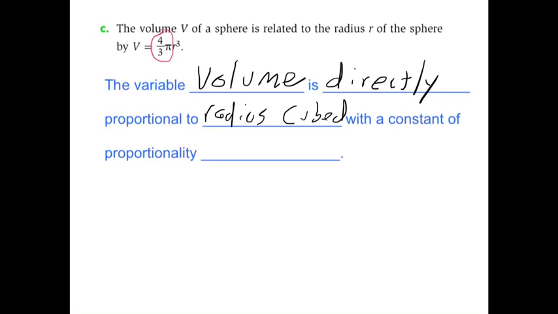Pi looks like a variable, but we know that it's a constant that we just don't write out every time. It's 3.14159, etc., but we just leave it as 4/3 pi, so that's the constant. So the variable volume is directly proportional to radius cubed with a constant of proportionality, 4/3 pi.